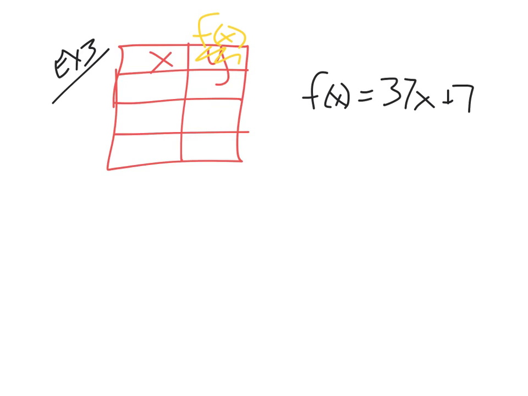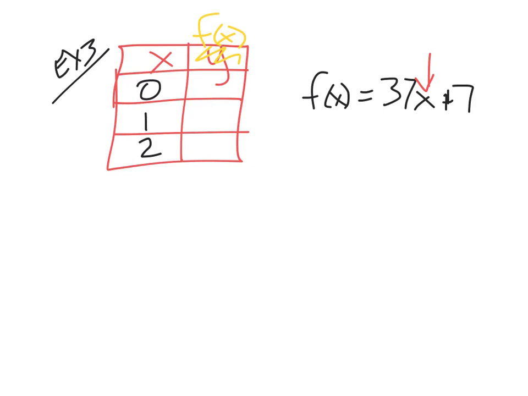So when you do a domain and range, you just take your equation and you plug in some points for x. Doesn't matter. I always just pick 0, 1, 2, or sometimes I'll do negative 1, 0, or 1. And then you're plugging those in for the x value over here and solving for the function.